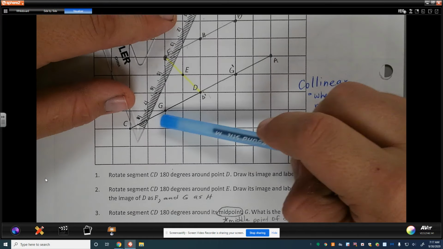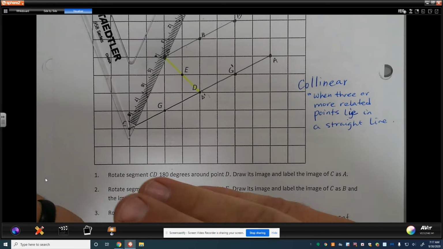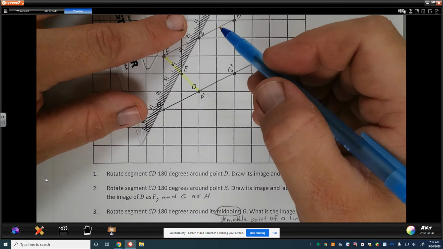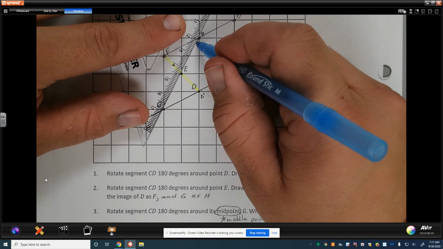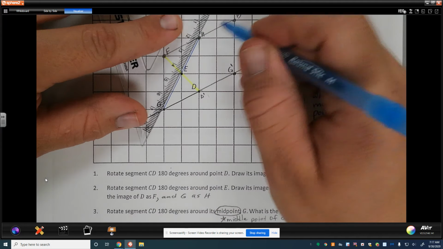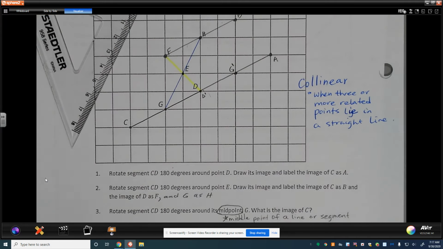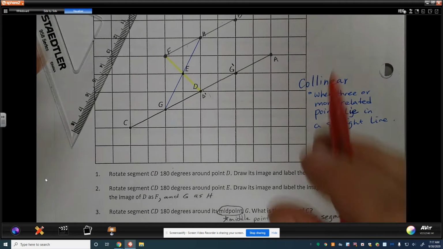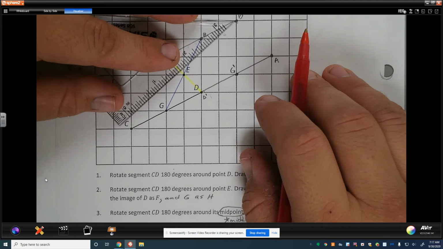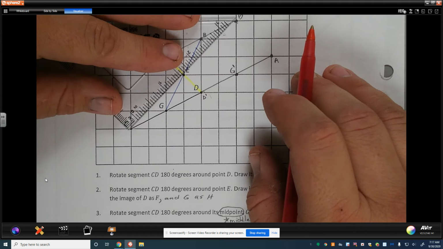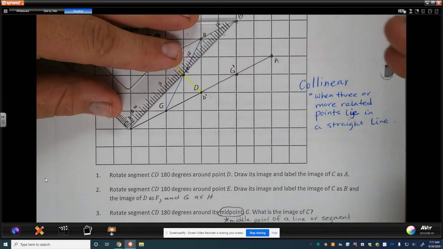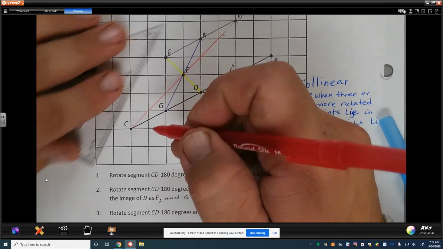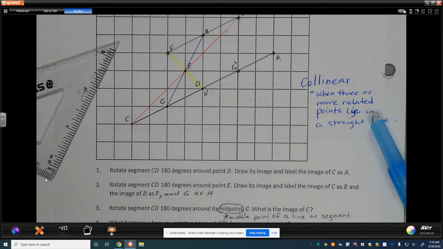Take a look at point G, the midpoint of the original segment, and point H, the segment here, and the center rotation E. We see that those three lie in a collinear pattern, a collinear relationship. Now, if you take a look at the last two, point C and point B, those ones are also related points or corresponding points. And when we look at those ones through that center rotation, we also see a collinear relationship.